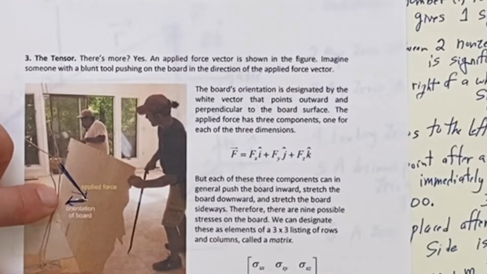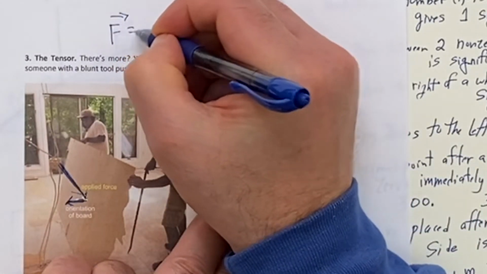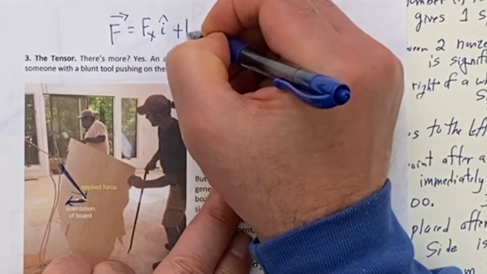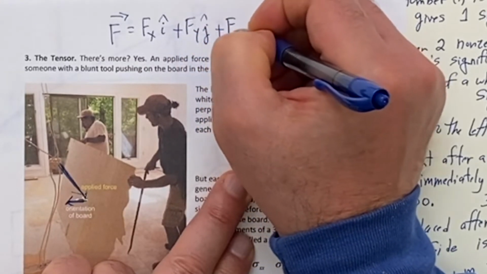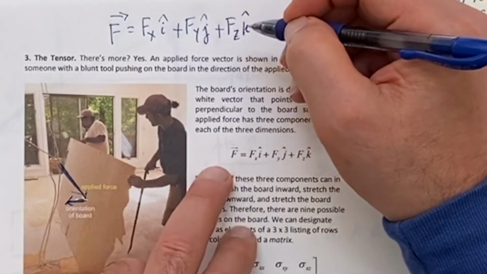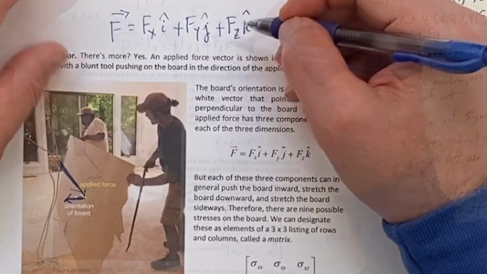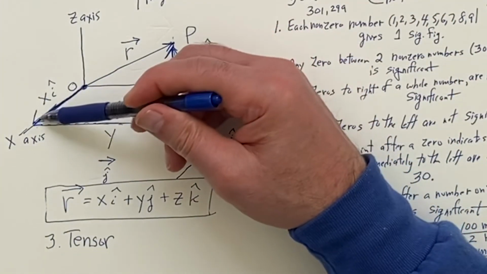Now, if we apply a force at that point, the force vector would have a force component along the x direction, a force component along the y direction, and a force along the z. In other words, the force vector has 3 vectors. Just like here, this r vector can be thought of as having 3 vectors.